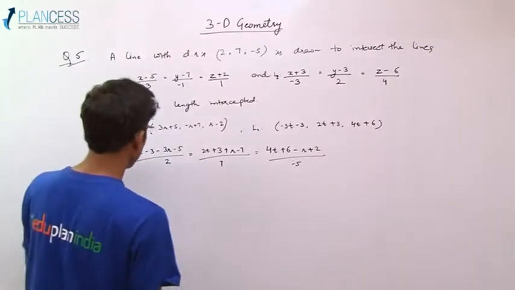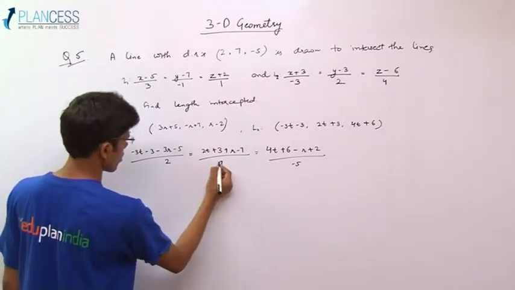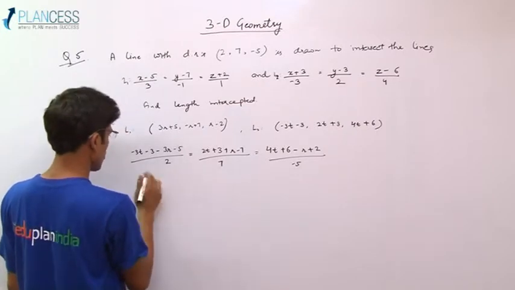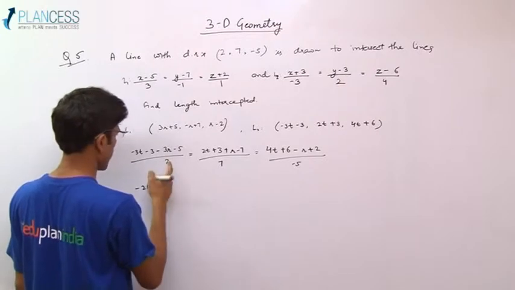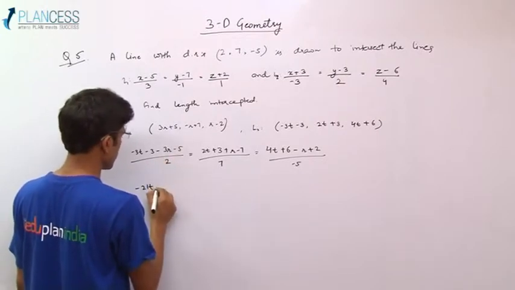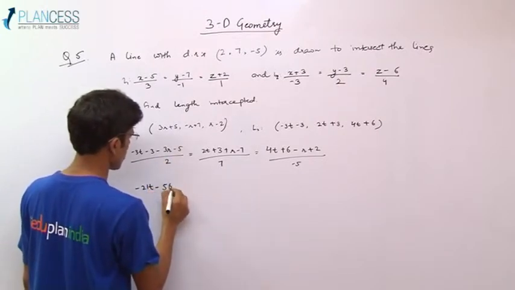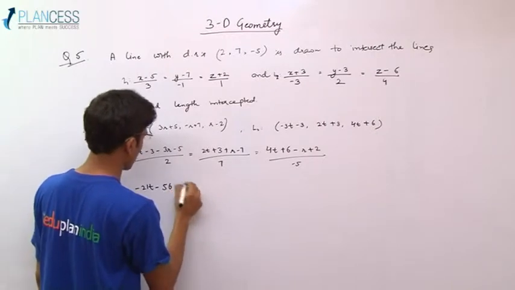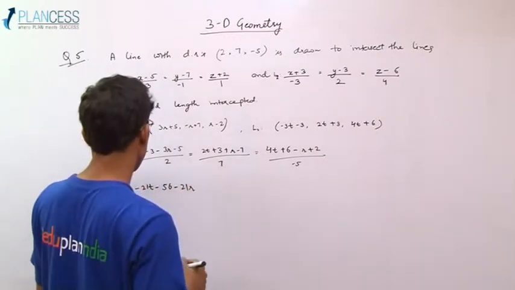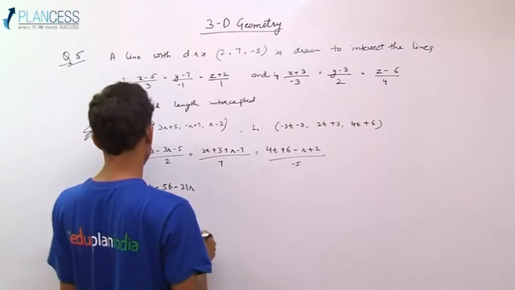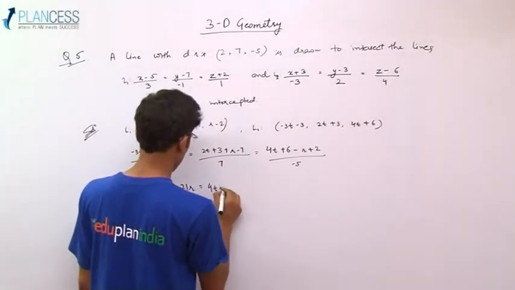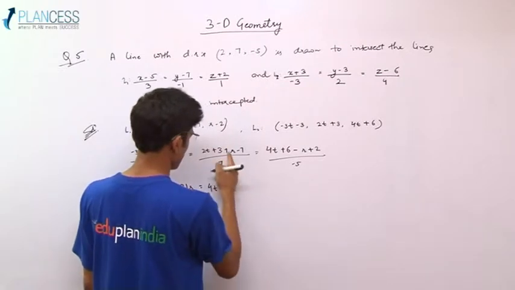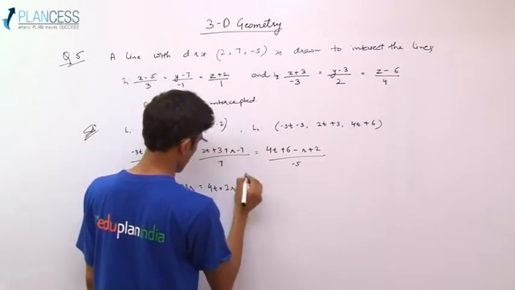So let's solve these two equations. What I get is minus 21t minus 56 minus 21r is equal to 4t plus 2r minus 8.